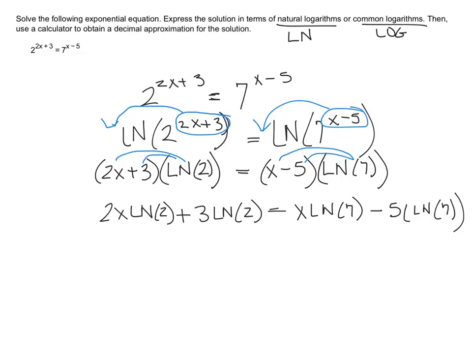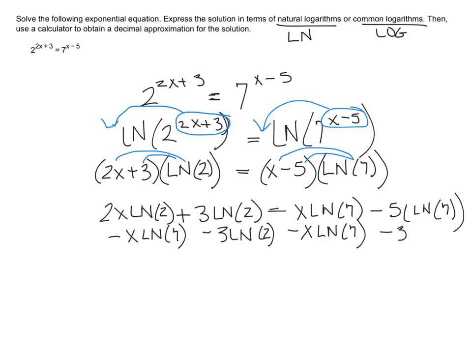Now I want to get all of the x values on the left side and all of the other numbers on the right side. So I'm going to subtract the x ln 7 on both sides, and then I'm going to also subtract the 3 ln 2 on both sides.